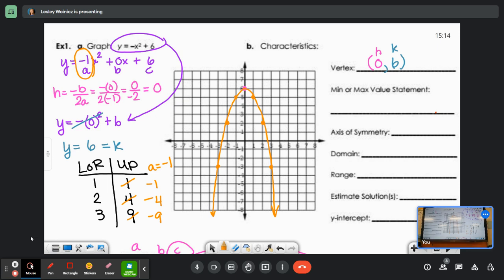Did this give us a min or a max? Max. Okay, we've got a max. So, at x equals 0, we have a max of 6.